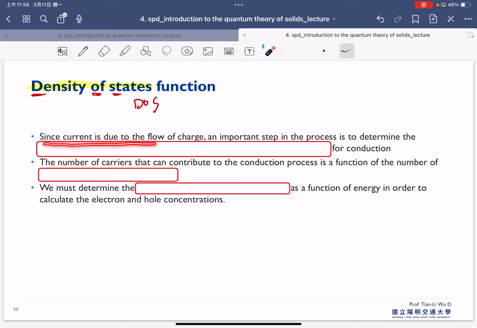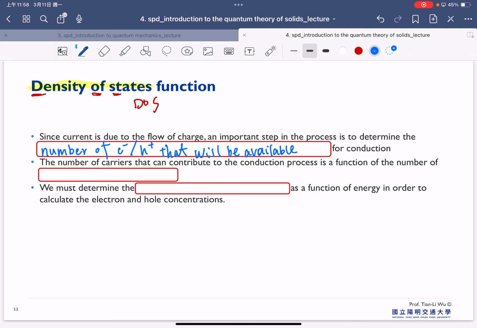Since current is due to the flow of charge, before we calculate the current, an important step in the process is to determine the number of electrons and holes that will be available for conduction, right?